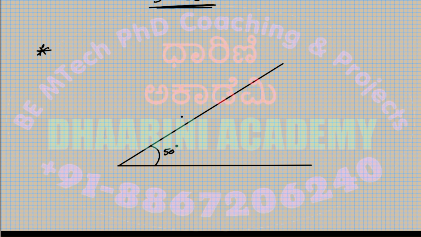This is 50 degrees, 10.5 kilograms. Mu s is equal to 0.55. Mu k is equal to 0.35.